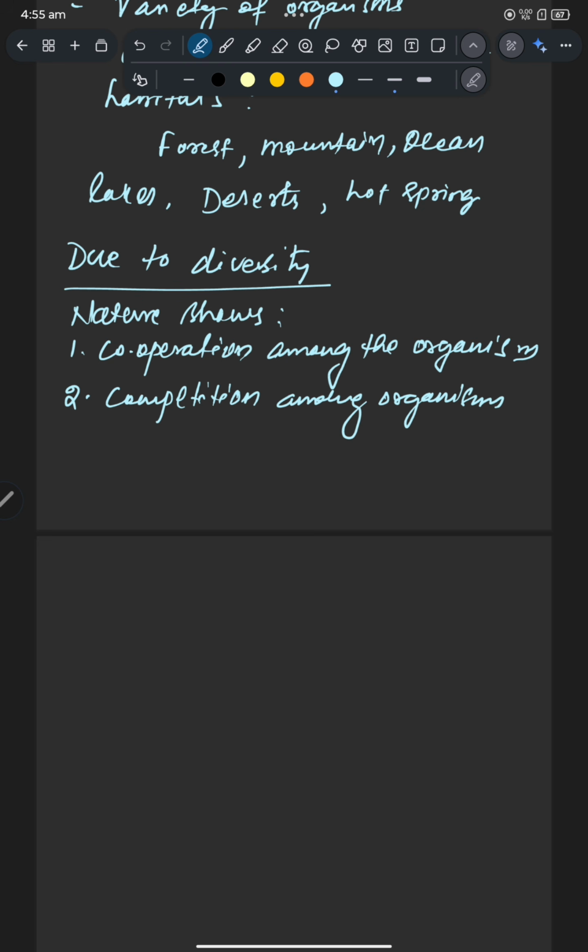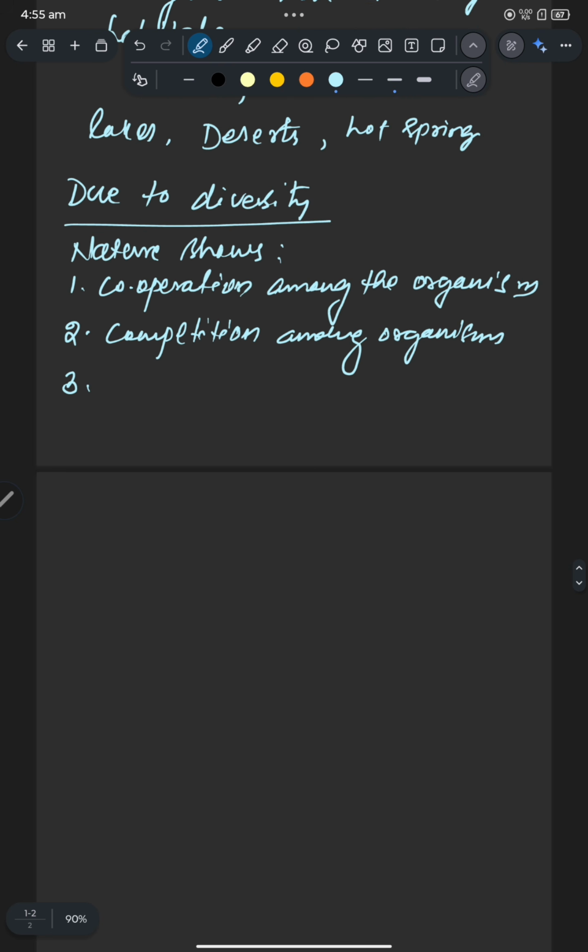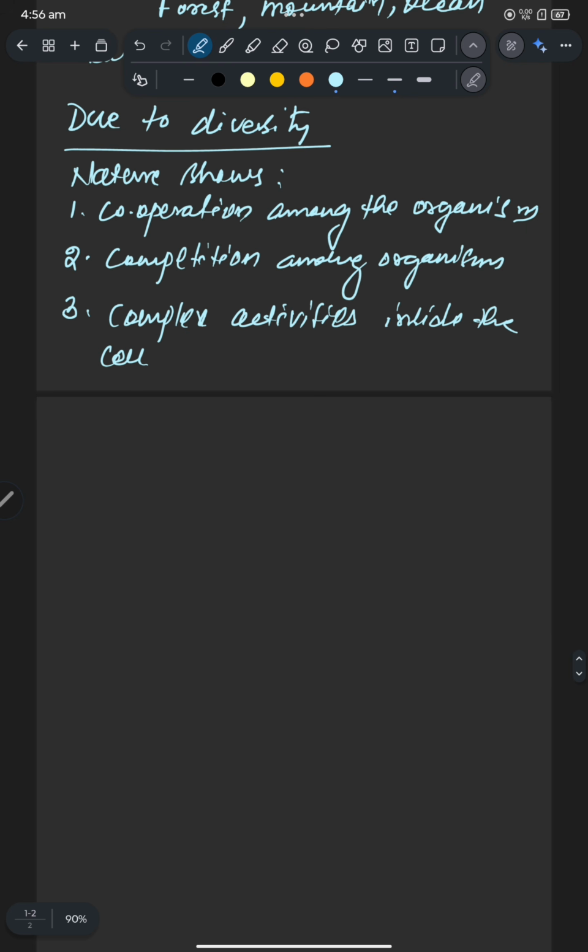And the third one, the most important one, is the complex activities inside the cell. If you look back, who are called living? Living organisms are those which are made up of cells, and the cells have metabolism, be it unicellular or multicellular.